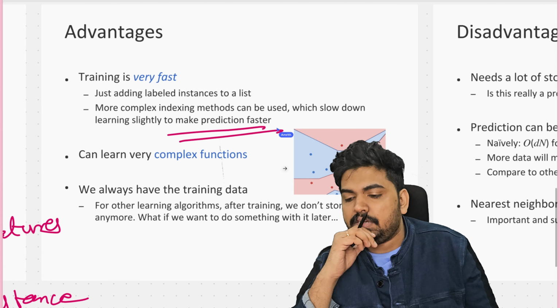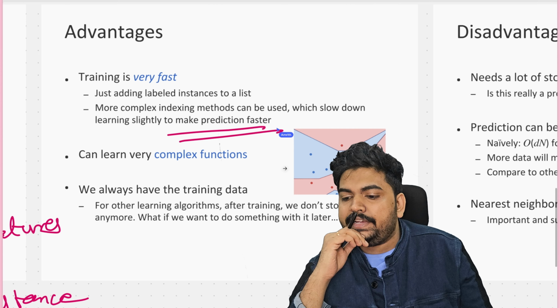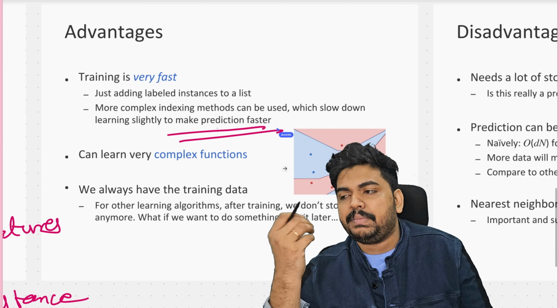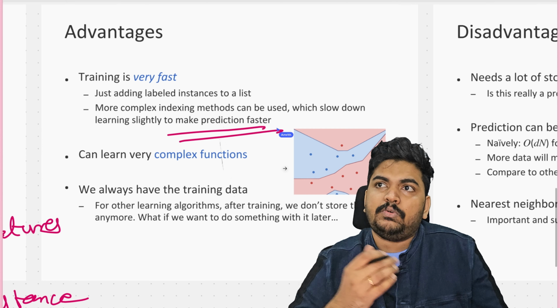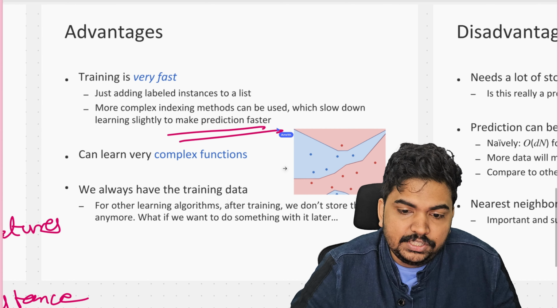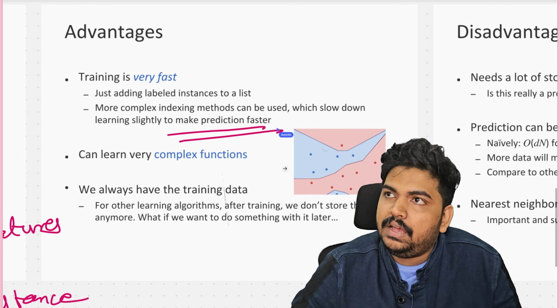Generally speaking, prediction needs to be faster as compared to training, because training generally happens at the back end, as a one-time thing. Prediction is most of the time what faces the customer or the client. So naturally, predictions typically have to be faster in comparison to training.